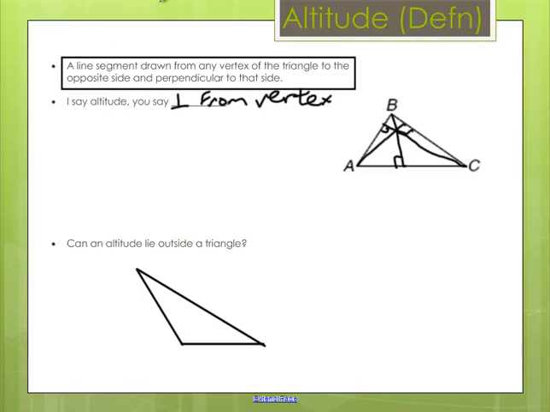If I wanted to draw an altitude from this point up here in the corner, I want to be able to draw it so it's perpendicular to this one down here. But the problem is that one stops. Drawing that line right there is perpendicular. So altitudes are able to be outside the triangle as long as it's an obtuse angle.